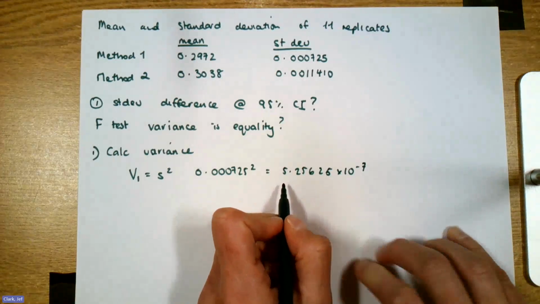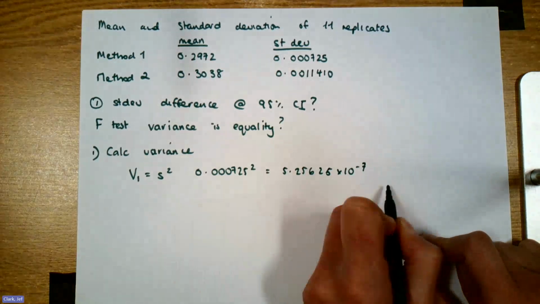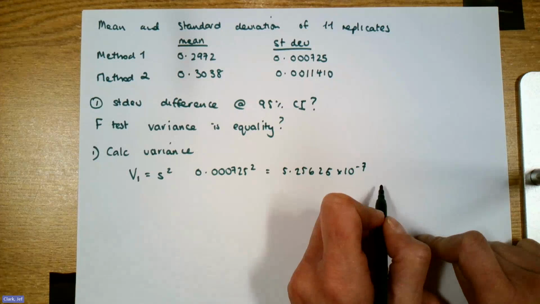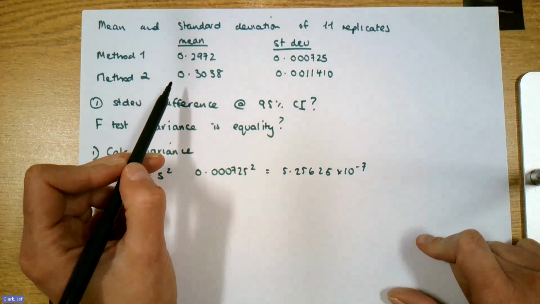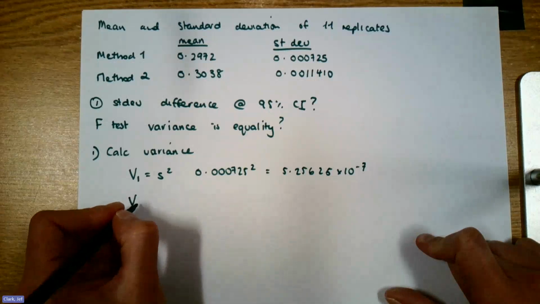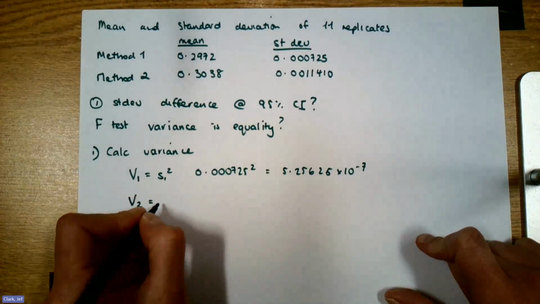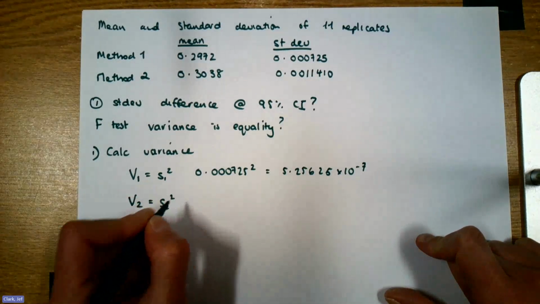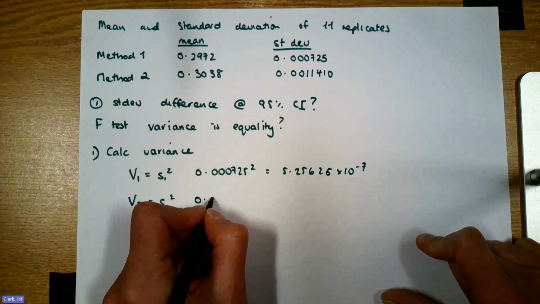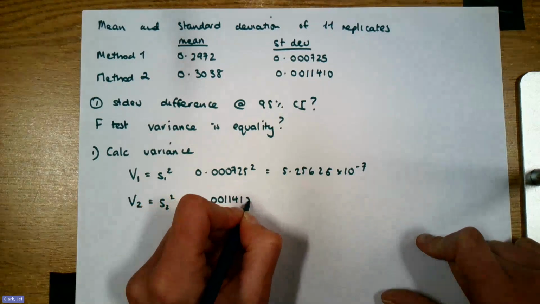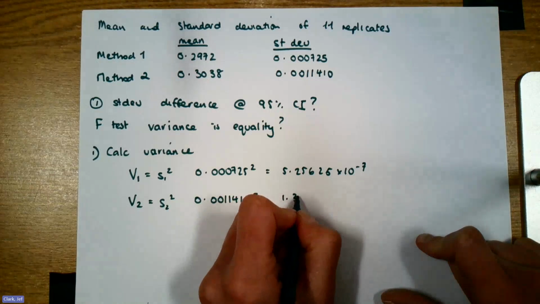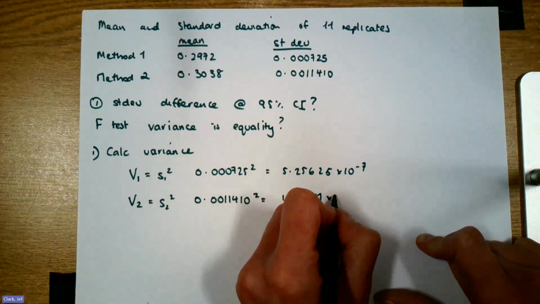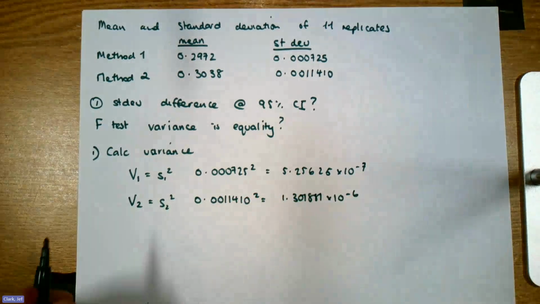I'm keeping all of my decimal places in for the time being, because as you saw previously, if we start rounding, we might lose the detail that we care about. Let's do the same thing with our second variance, so 0.001110 squared equals 1.301881 times 10 to the minus 6.